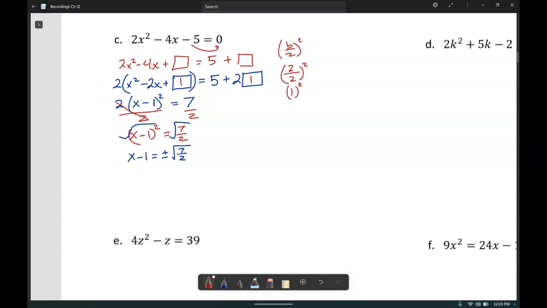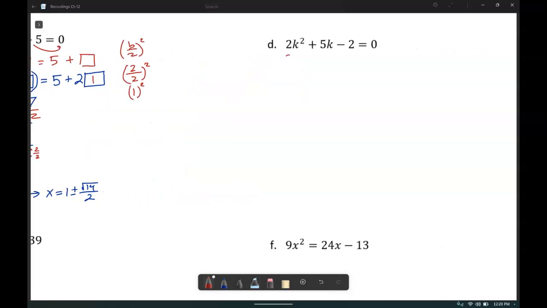We need to rationalize, so we need to multiply the top and the bottom by 2, so that way we end up with square root of 14 over the square root of 4, which we can simplify as the square root of 14 over 2. Lastly, we add 1, plus or minus the square root of 14 over 2. So not much different. We just have to make sure that we're dealing with that leading coefficient and paying really close attention to how your b value changes as you factor that out.